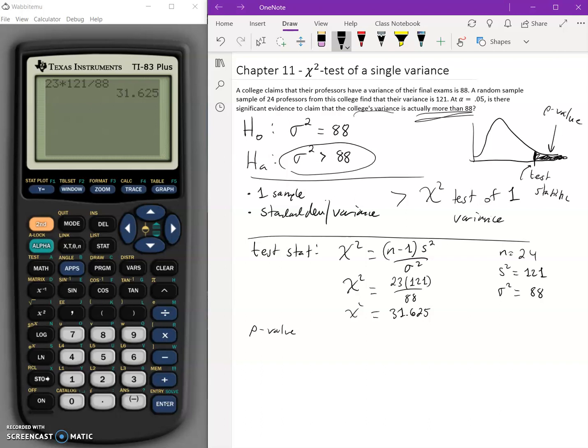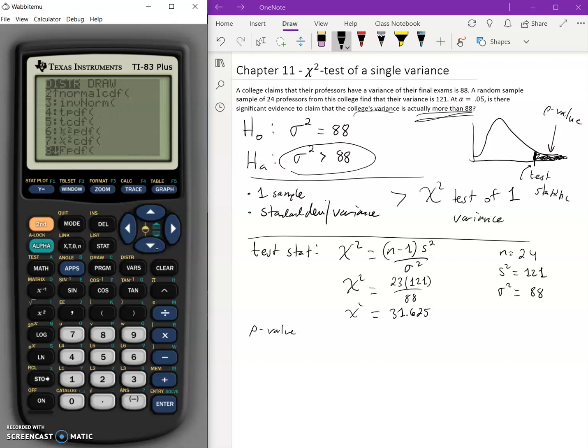So the buttons you're going to press on the calculator is you're going to press the second button, and then vars. That button says vars, above it says distr, which stands for distribution. So we're going to click some distributions. This has a bunch of different distributions: we have our normal distribution, the inverse normal, our t-distribution, and a chi-square distribution.